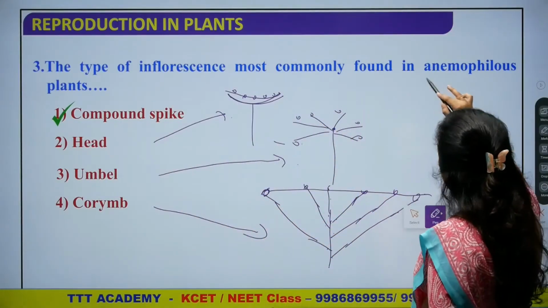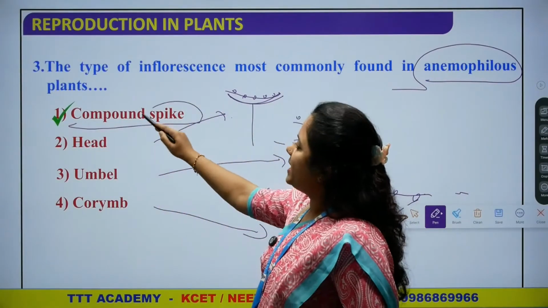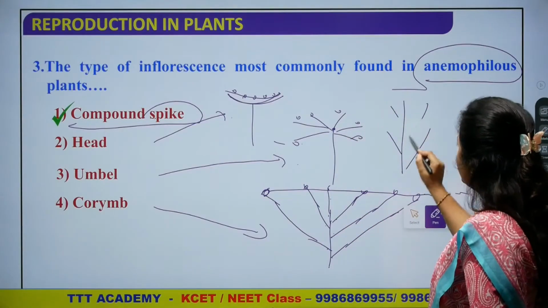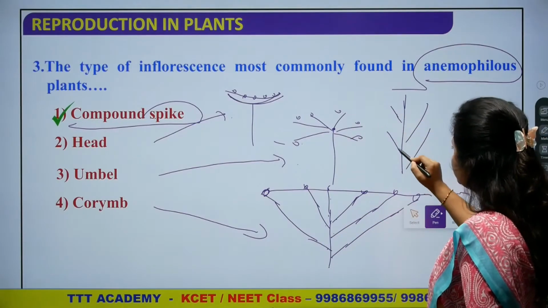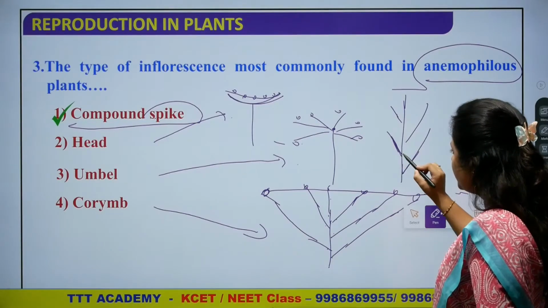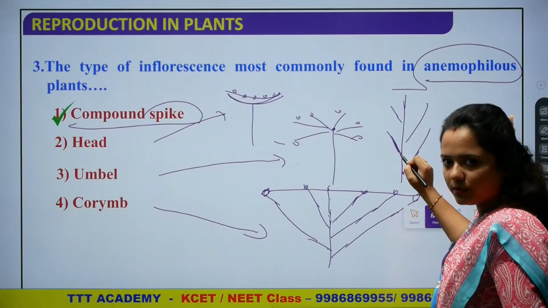But in anemophilous flowers, we can see a compound spike, which usually is like this only. It will be arranged on the stalk, but it is not opposite. See, one is here and one more node is here.